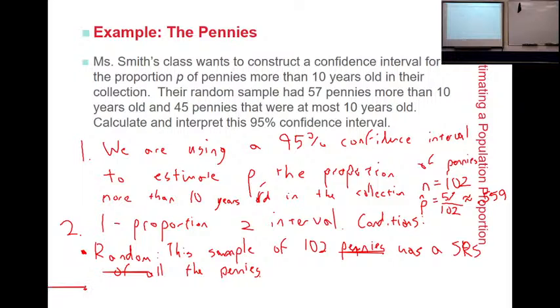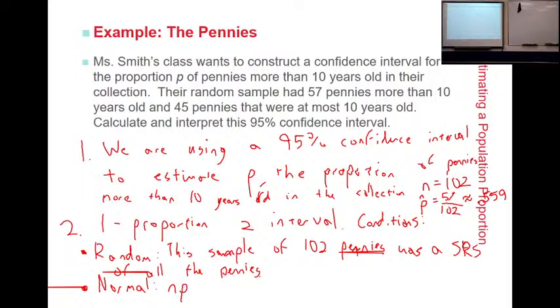Normal is our next condition. For normal, don't forget, since we're doing proportions, to check for a normal distribution, we're checking for n times p and n times 1 minus p.